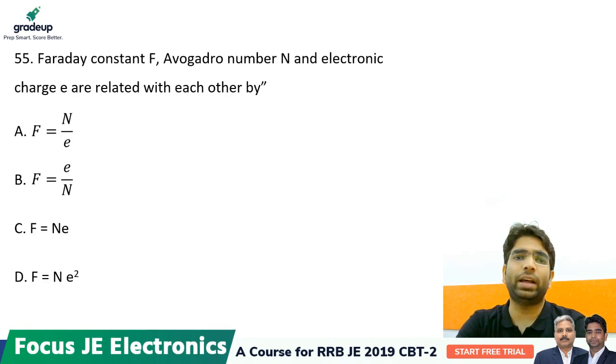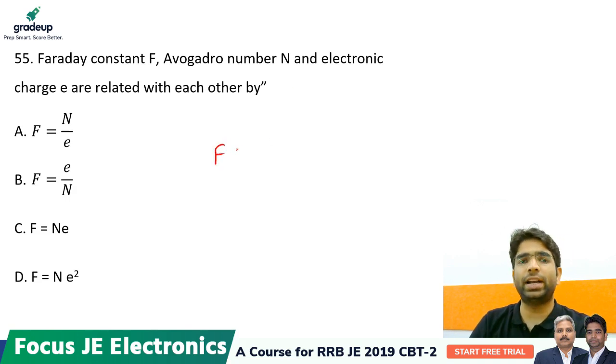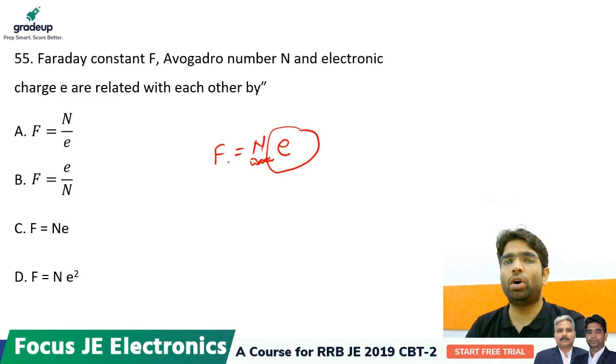Faraday constant, Avogadro number and electronic charge are related by. Actually, Faraday constant you will be studying in batteries. Faraday constant shows you the number of electrons in 1 mole multiplied by the charge of 1 electron.